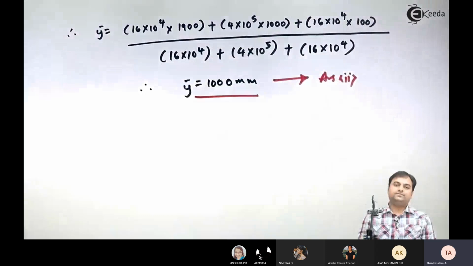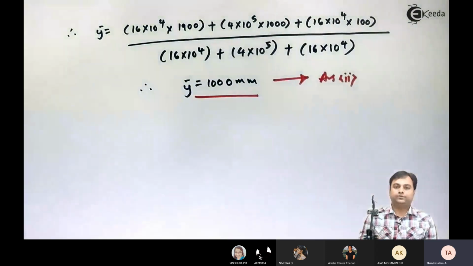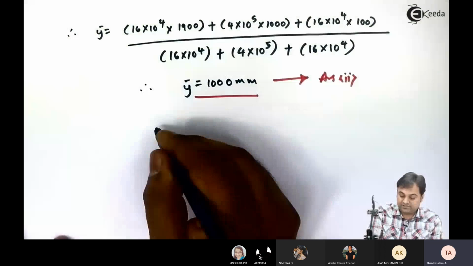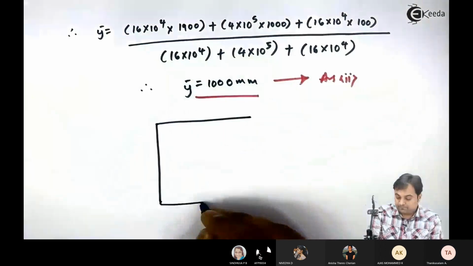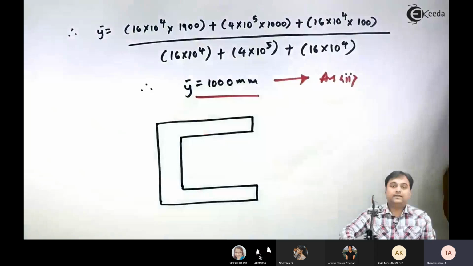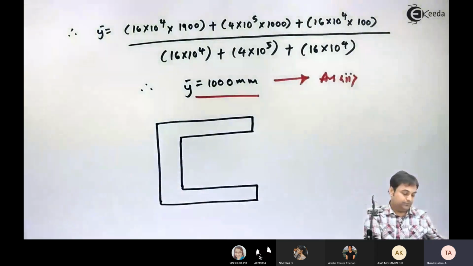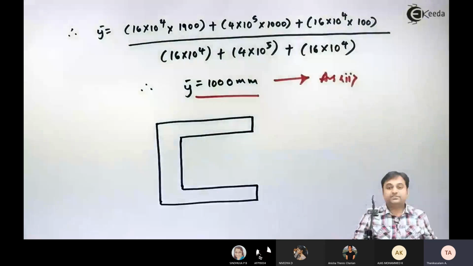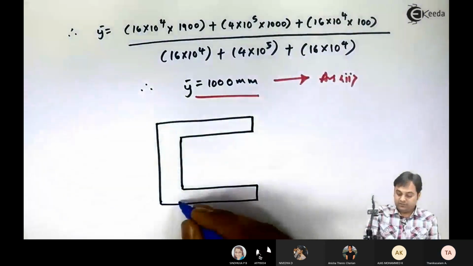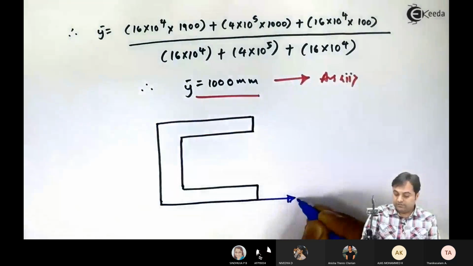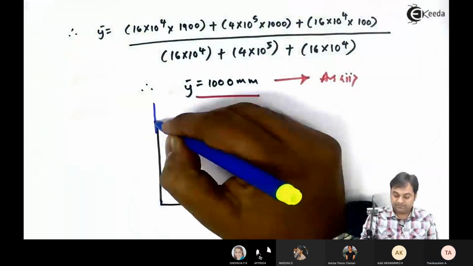Once we have got x bar and y bar, we can easily show it onto the diagram. So here I would be marking the centroid of the C section given. Now, x bar value is 322.22 mm and x bar is the distance with respect to y-axis. So first, I'll keep this C section onto the x and y system.